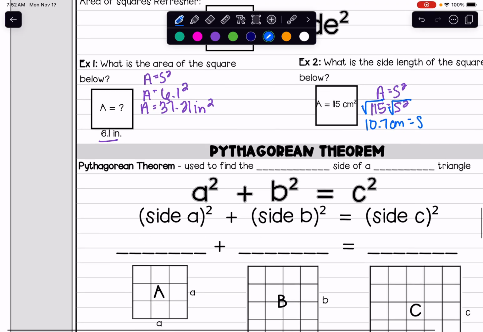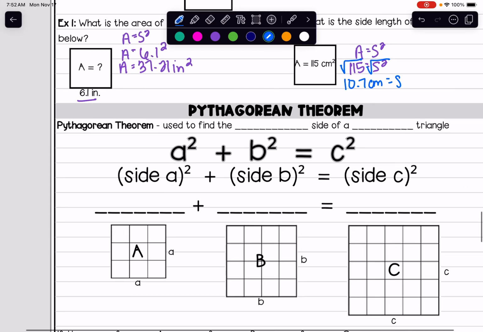Now, you basically discovered the Pythagorean theorem when we were doing this. So we can find the missing side of a right triangle using Pythagorean theorem, but we're not going to be super formal with it right now. We're still kind of using that idea of the areas of our squares.